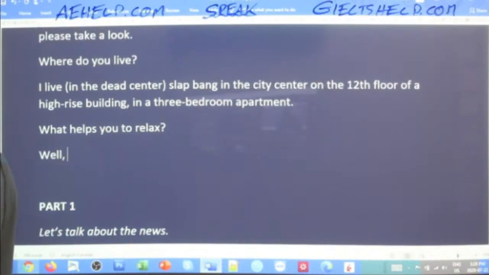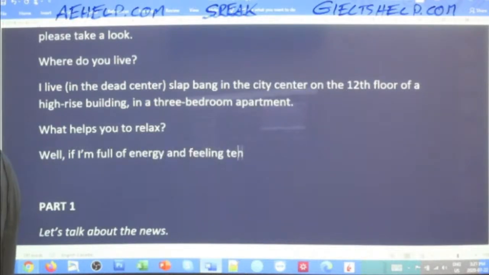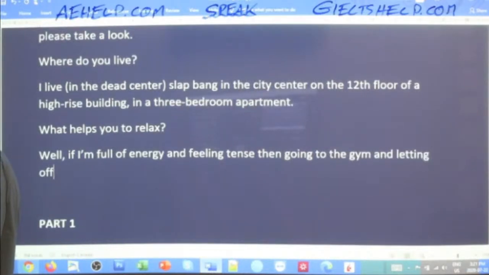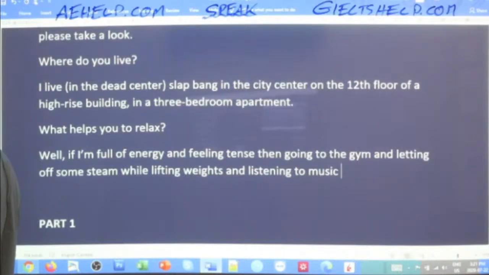Well, if I'm full of energy and feeling tense, then going to the gym and letting off some steam while lifting weights and listening to music helps me to calm down.